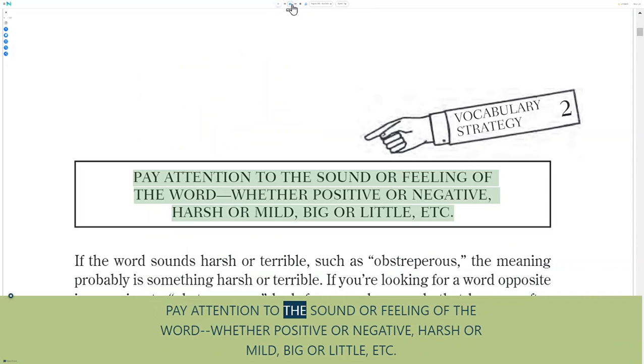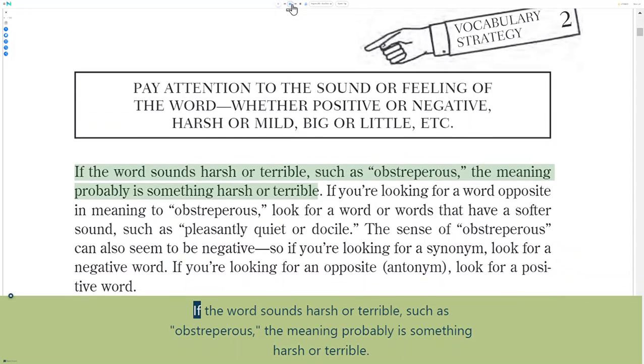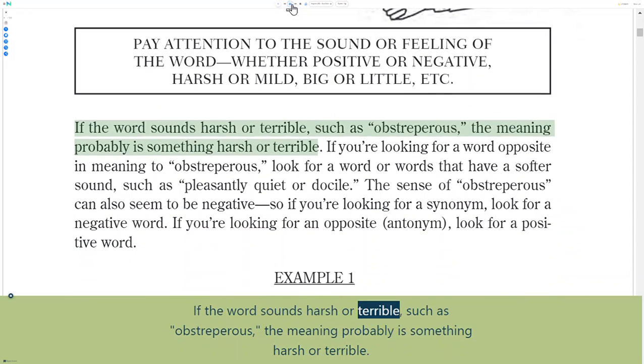Pay attention to the sound or feeling of the word, whether positive or negative, harsh or mild, big or little, etc. If the word sounds harsh or terrible, such as obstreperous, the meaning probably is something harsh or terrible.